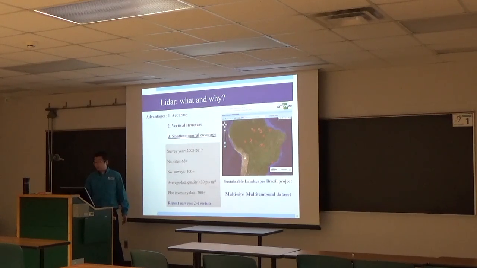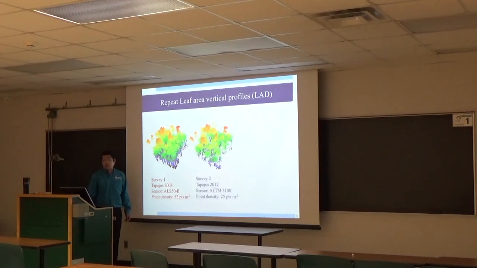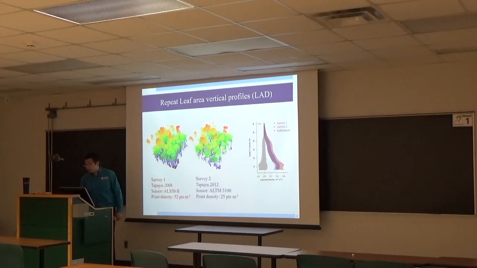Then with the leaf profile techniques, and with the good data set with the multi-temporal coverage, we can actually do the repeat estimation of the leaf area vertical profiles. Actually, it's also called LAD profiles.